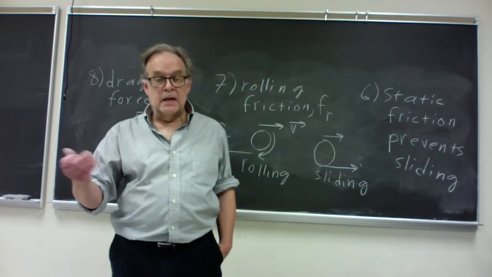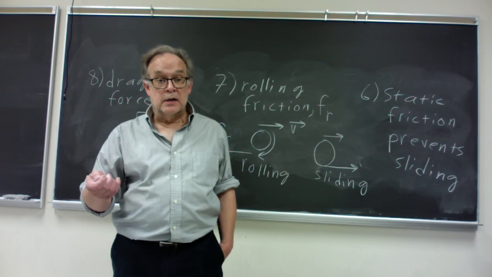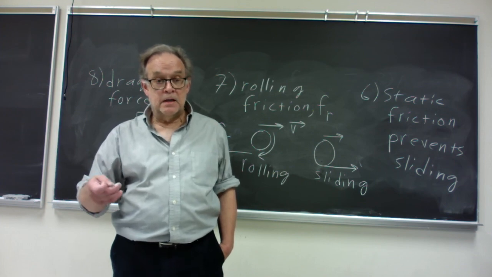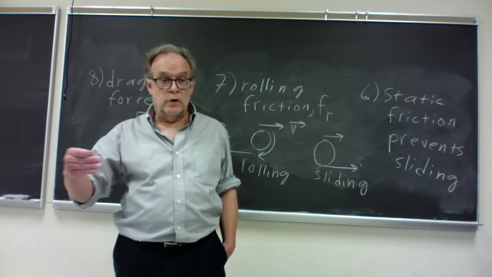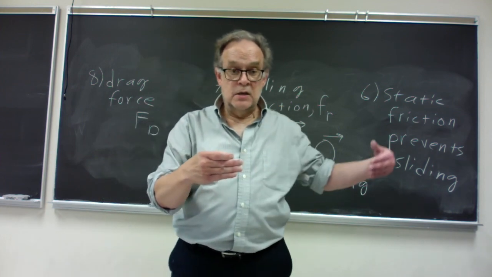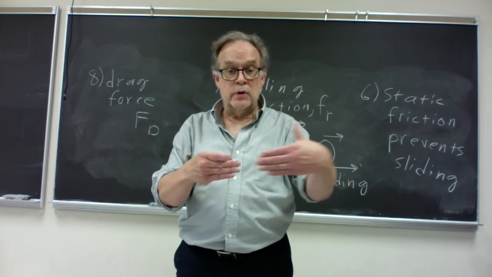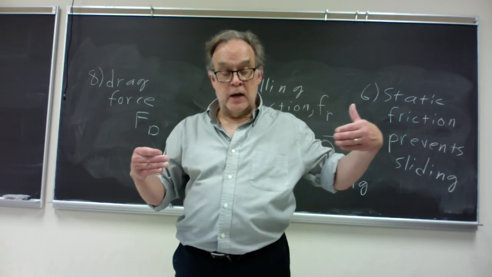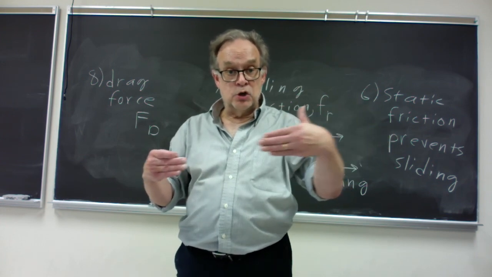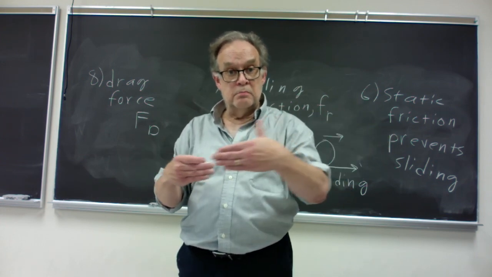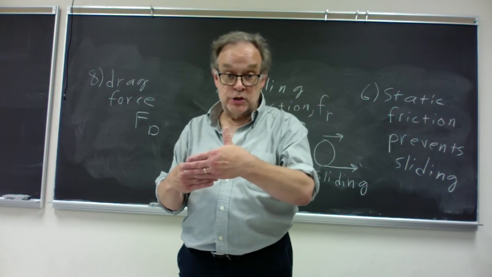But again, just like in the case of kinetic friction, whatever the direction of motion is, the drag force points backwards, because the drag force is the sum total of all kinds of microscopic backwards pushes.